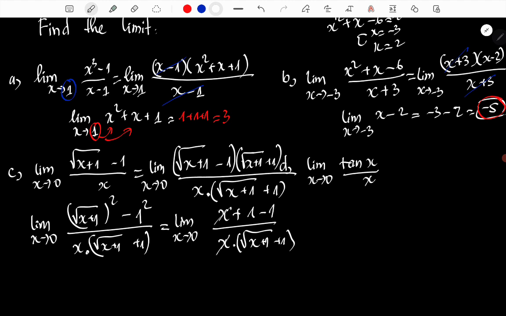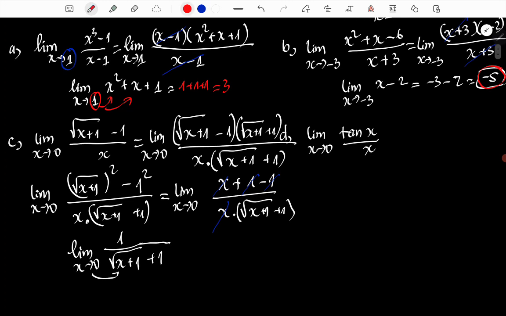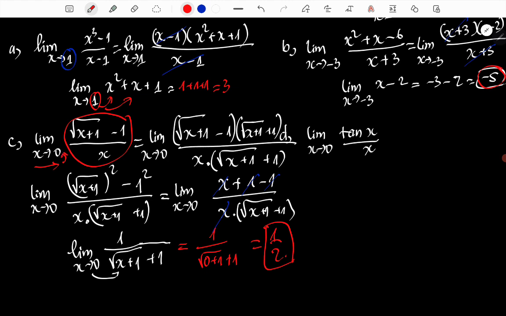So we can simply cross out, let me use another color, x right here. Alright, so the limit as x goes to 0 of 1 over square root of x plus 1 plus 1. Now we can plug in 0 for x, and the final answer is going to be 1 over square root of 0 plus 1 plus 1. So we have 1 over 2. Here is our final answer. So the limit of this function when x goes to 0 is 1 over 2.